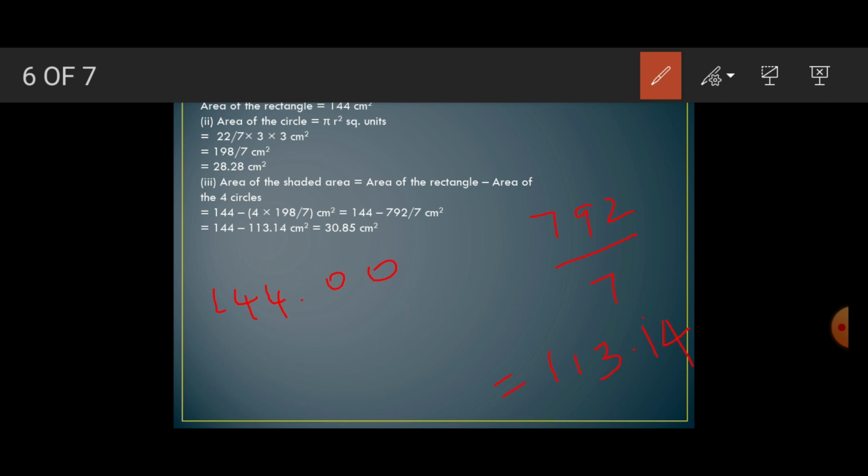144.00. Okay, here after the decimal point 2 digits are there. That is 113.14. Okay, can you understand all of you? So 10 minus 4 means 6. Here 9 minus 1 means what? 8.